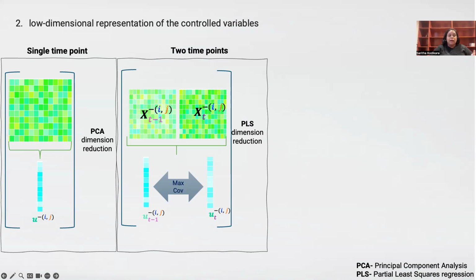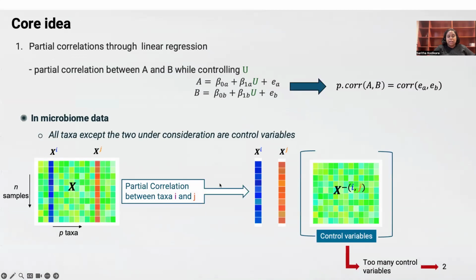I use partial least squares regression to reduce my dimension and then use this U column in my previous linear regression. So instead of using the full matrix, I'm just going to use a dimensional reduction of that matrix. At a given time point, I'm just going to use U_t instead of the full matrix.